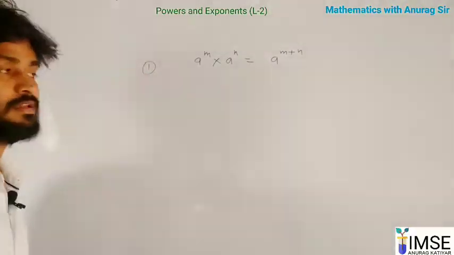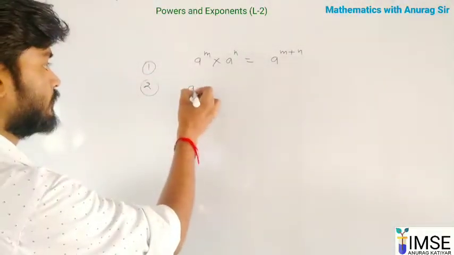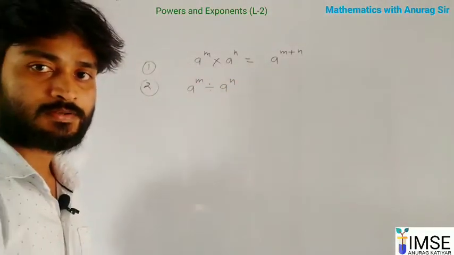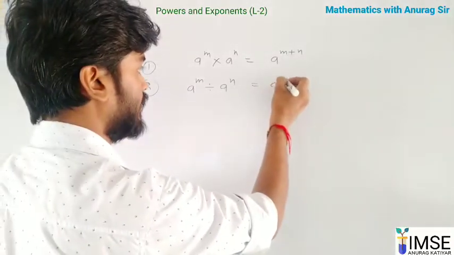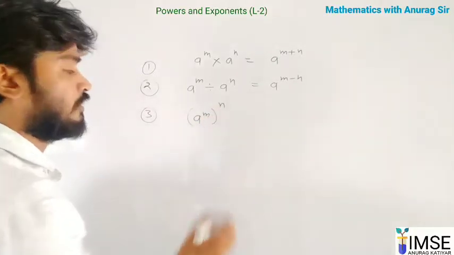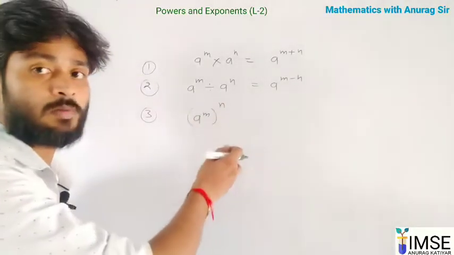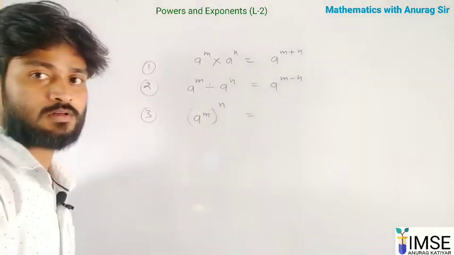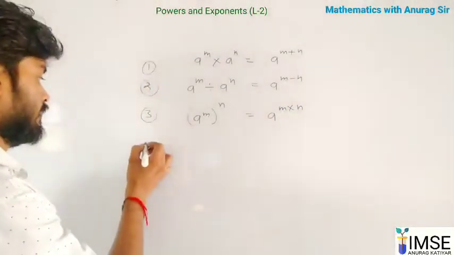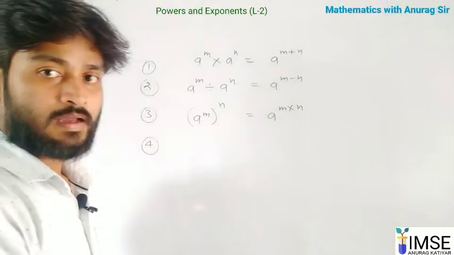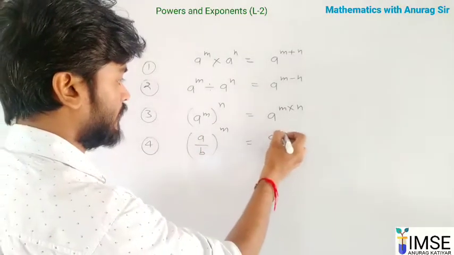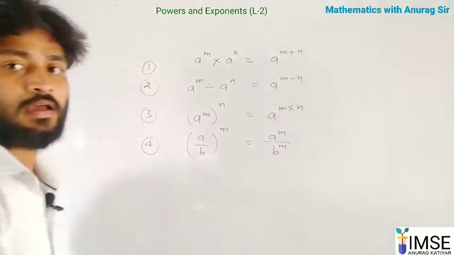Second formula: if we divide a to power m by a to power n, we have a to power m minus n. Third: if a power has another power, a to power m to the whole power n, then we multiply both indices or exponents, a to power m into n. And fourth: a upon b whole power m is equal to a to power m upon b to power m.